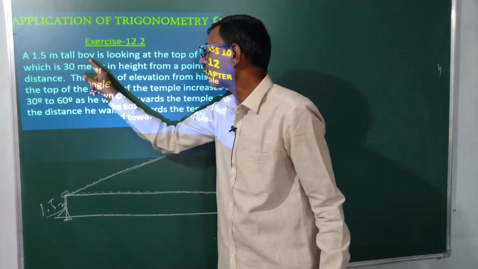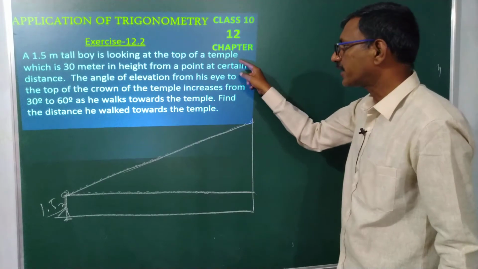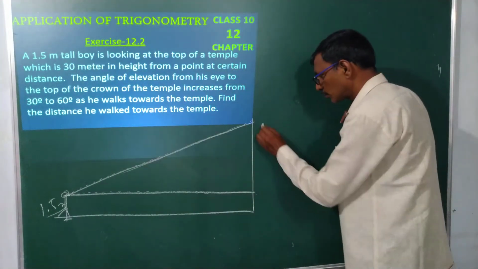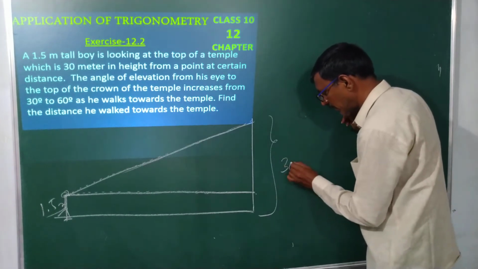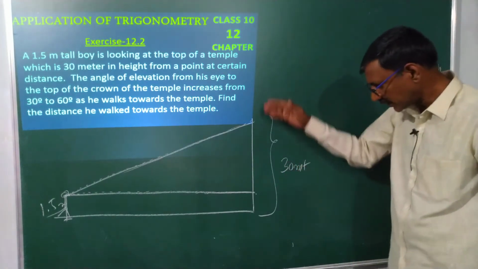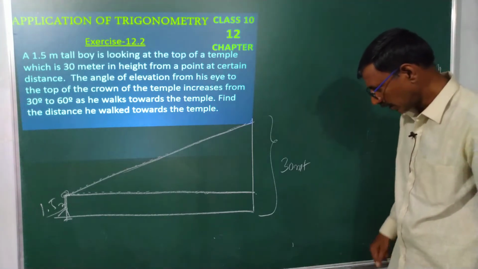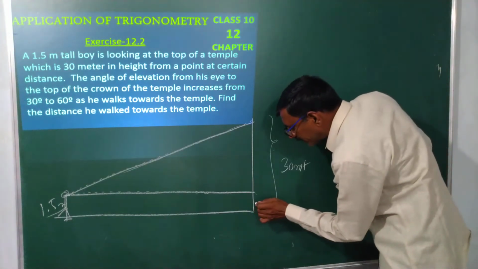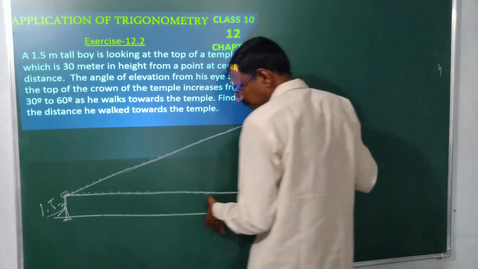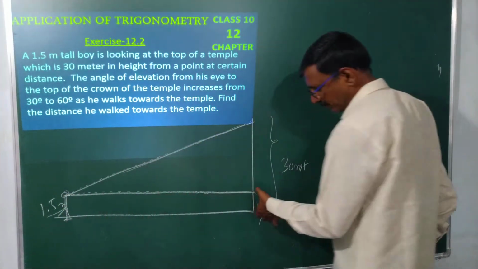Once again, a 1.5 meters tall boy is looking at the top of the temple, which is 30 meters high. So from here to here, this is 30 meters high. But this is 1.5, keep in mind, because this is the height of the boy.